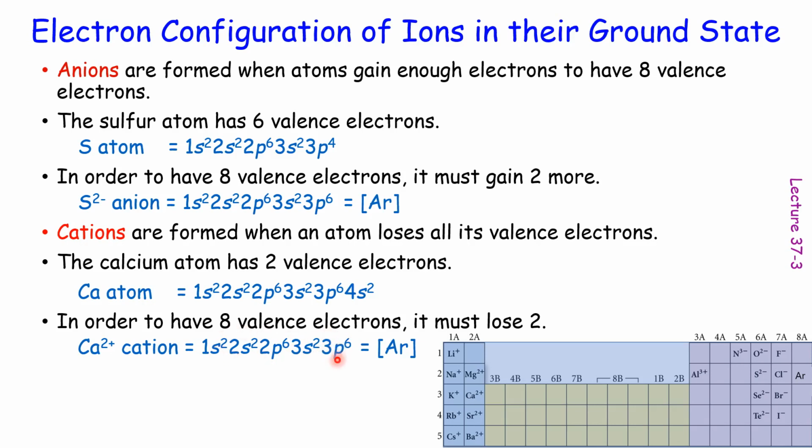Everything is fully filled, and this electron configuration is the same as argon's, which is the nearest noble gas for calcium. Calcium 2+ cation is more stable than calcium atom because of the inert gas electron configuration the ion has.